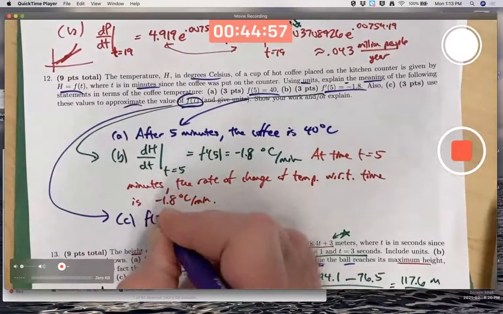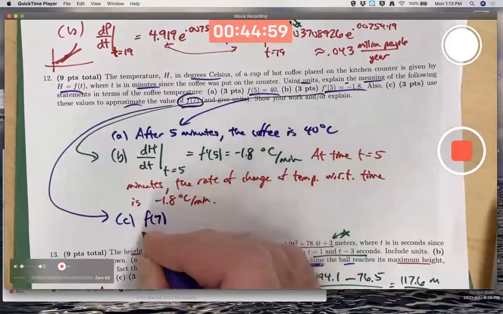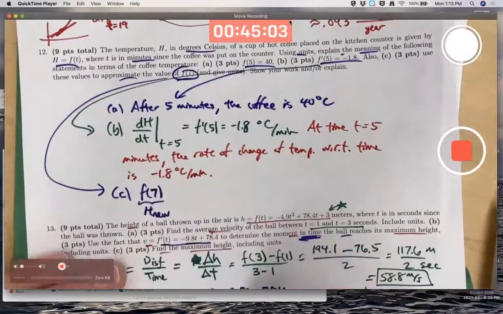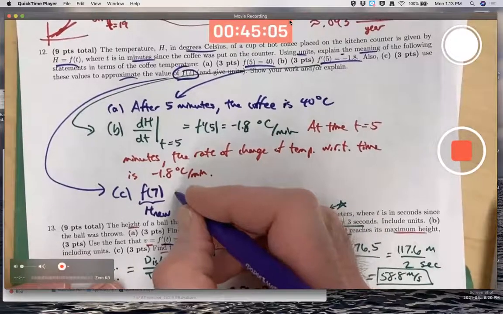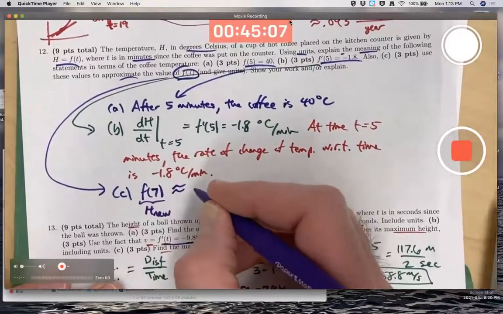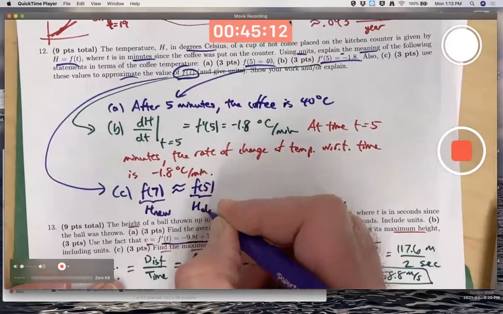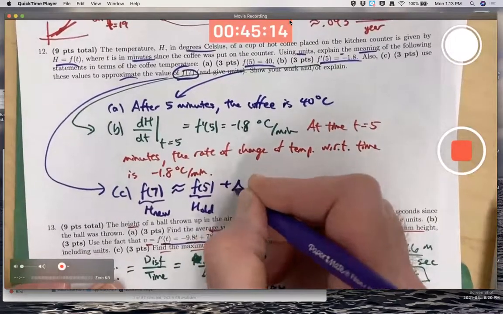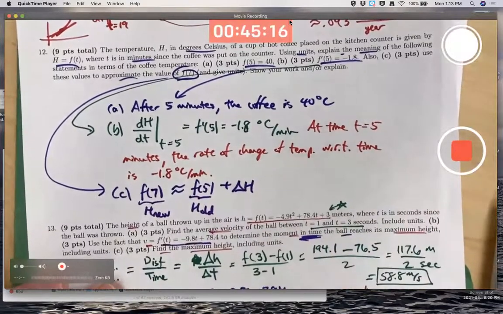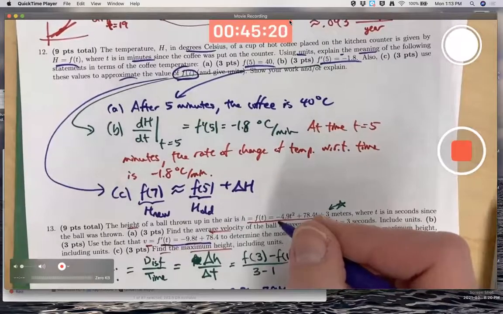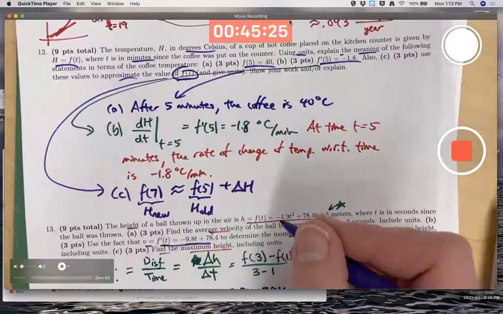This is a linear approximation. This is like h new. H new, the temperature, the new temperature at time 7 is approximately f of 5. That's the old temperature, h old, plus the change in temperature, delta h. This is similar to what we did at the end of class on Friday, except the notation is not quite as nasty.